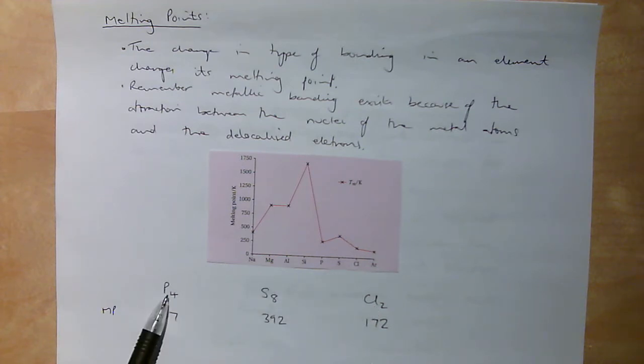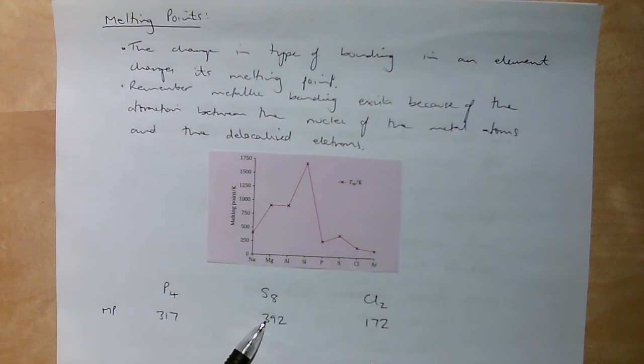P4 is clearly a smaller molecule than S8, which is a much bigger molecule than Cl2. So this pattern in size of the molecules is reflected by their melting points. P4 is smaller than S8, so it has a lower melting point, but P4 is bigger than Cl2, therefore P4 has a higher melting point.